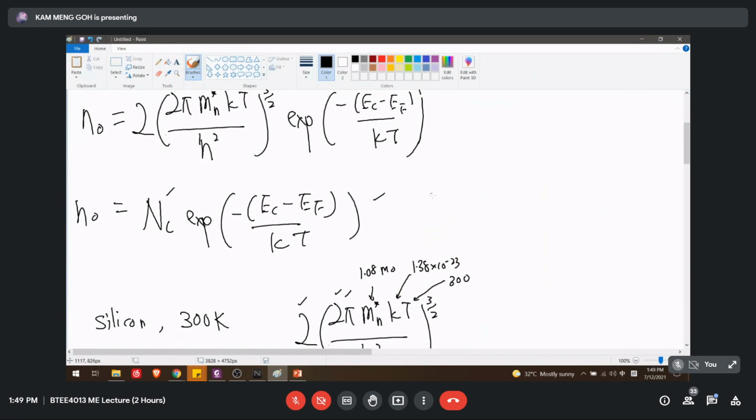And if we are going to calculate the p0, n0 is the electron concentration, and this one is the hole concentration.